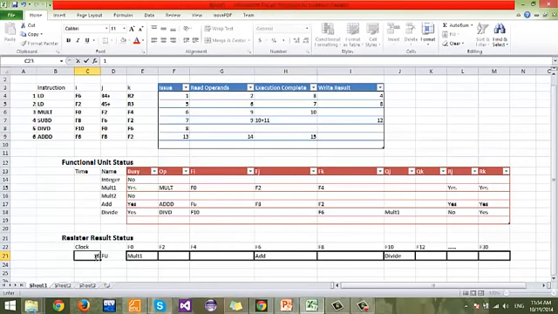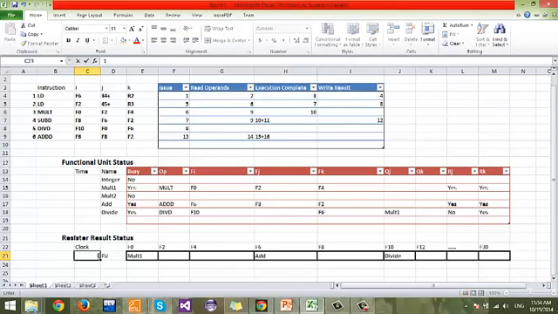In clock cycle 16, what will happen? First of all, add D will complete the execution. Div D cannot yet read the operands. All things will remain the same.